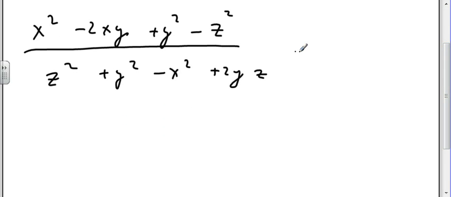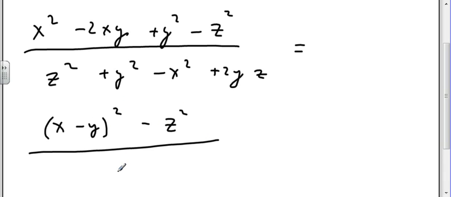So we recognize the top guy as x minus y, the quantity squared minus z squared, and we recognize the bottom guy as being what? Y plus z squared minus x squared. All right.